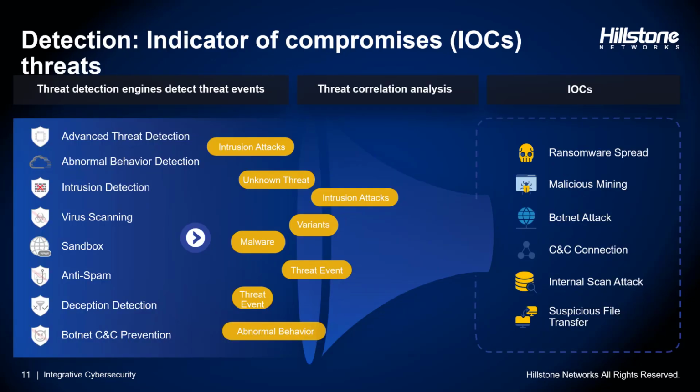Indicators of compromise, or IOCs, are typically seen as threat activities with higher risk and with a high confidence level that a server or host is being compromised, and that poses a potentially bigger threat to the critical assets within the corporate network.